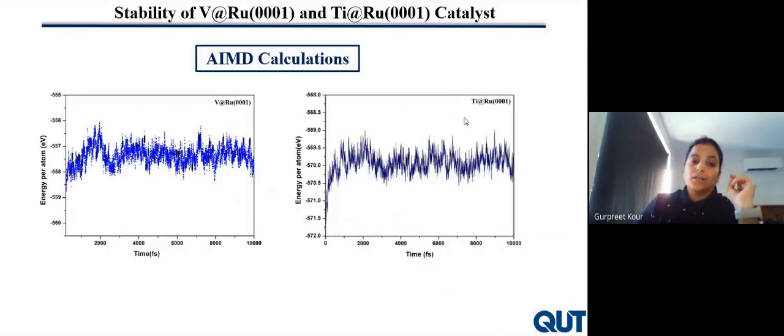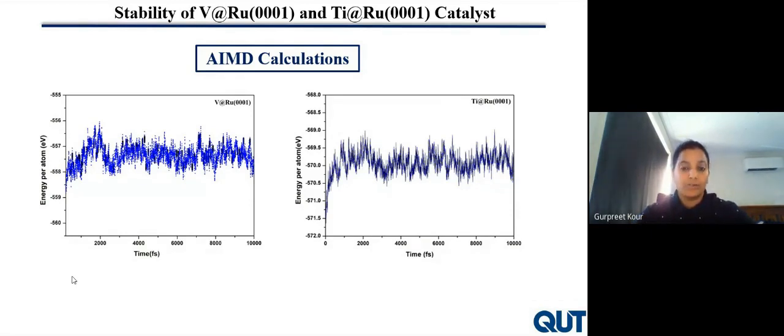Further, catalyst stability is also a very important aspect. It's very important to study the thermodynamical stability of these catalysts. So here we have the AIMD calculation for both vanadium and titanium, where we can see that there was not much energy variation with increasing temperature, up to 2000 Kelvin.